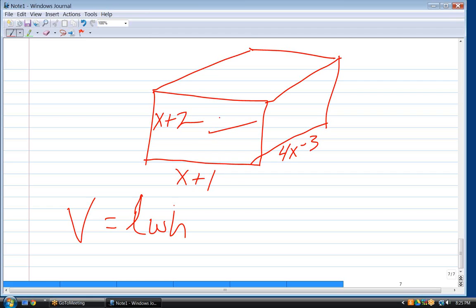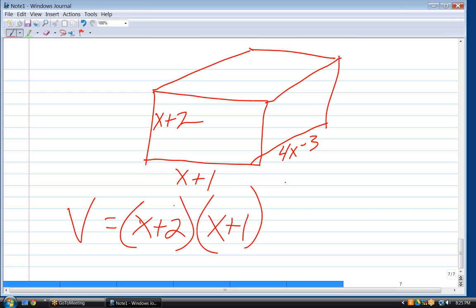The area of a rectangle is base times height. The volume of a rectangular box is base times height times depth. So let's substitute for each of those: x plus 2 times x plus 1 times 4x minus 3.